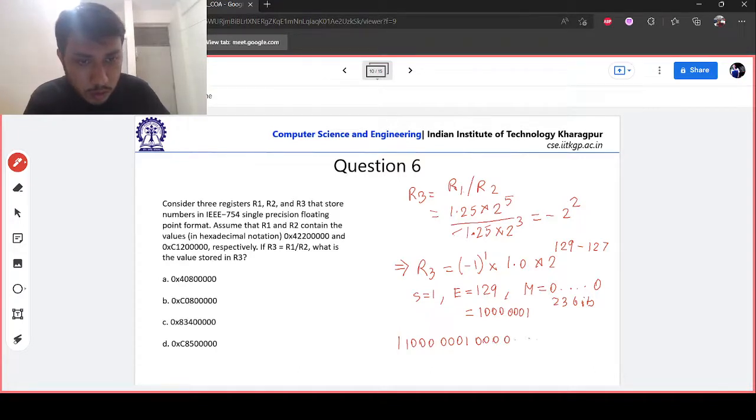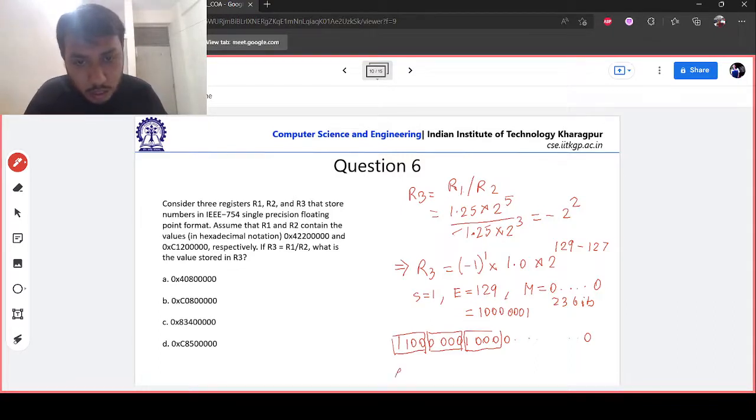This is the first hexadecimal digit, this is the second, this is the third, and the rest are all zeros.